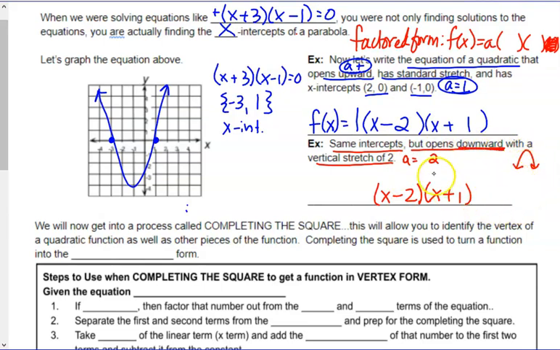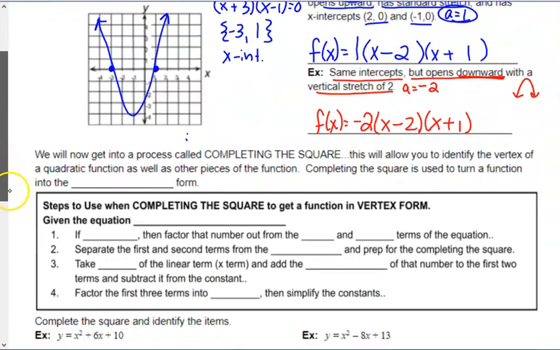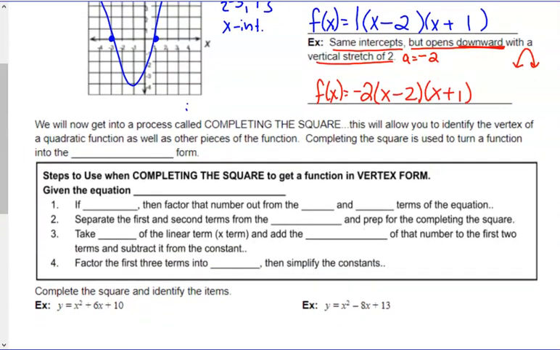What do I need to add here in order for that to occur? I need a negative. So for my function in this example, I need to throw that -2 out front along with that x minus 2 and x plus 1 to account for all of those different pieces. Okay? All right, very good.